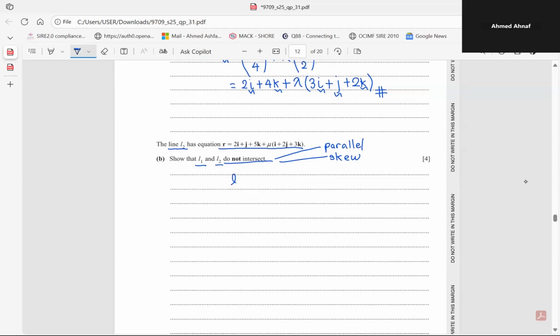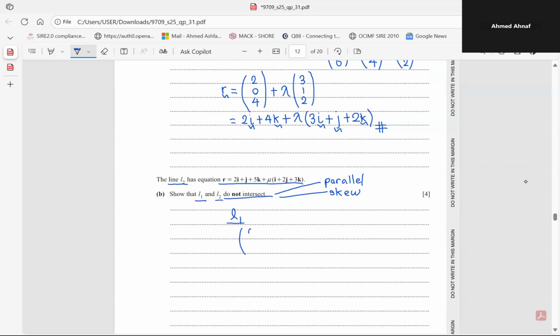Let's write down the vector equations for both. L1 is (2, 0, 4) plus lambda (3, 1, 2). Now let's expand it. I'm just multiplying lambda with each of these components: 3 lambda plus 2, lambda plus 0, which is just lambda, and 2 lambda plus 4.